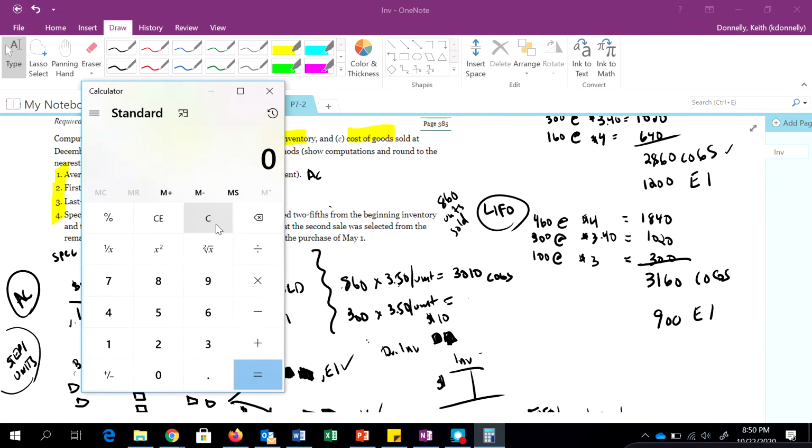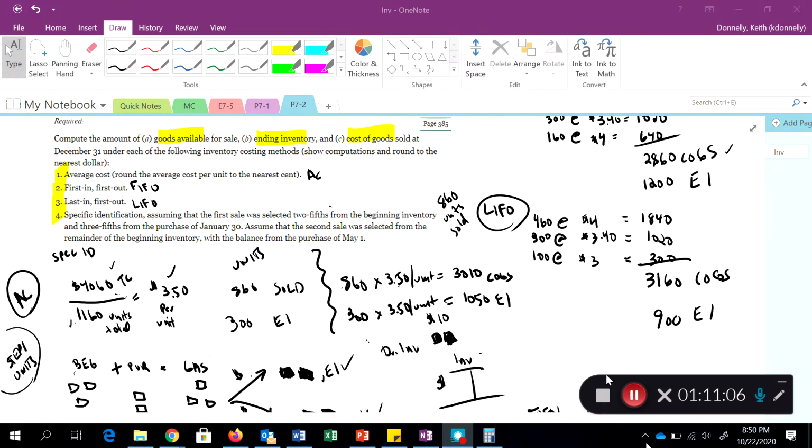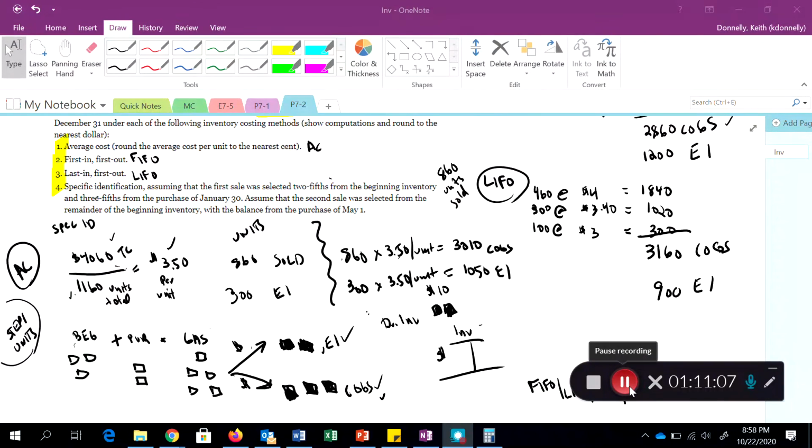So 300 times 350 equals 1,050 for our ending inventory under average cost. Okay, so that was average cost, correct?